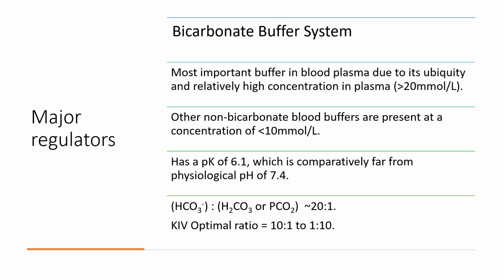It is actually said to be the most ubiquitous buffer system in the blood because of the sheer concentration which it has in the circulation, compared to other non-bicarbonate buffer systems, which are present in a much smaller concentration.